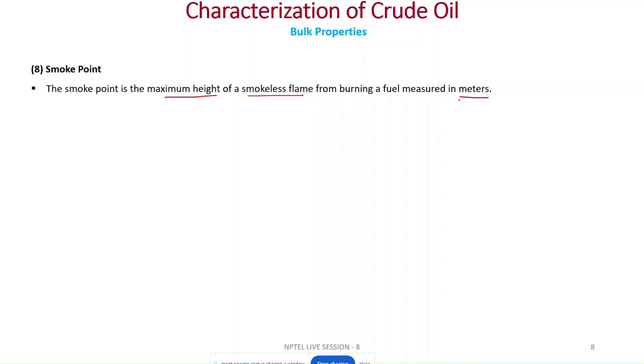What is the length of the smokeless flame in meters? That is called the smoke point.